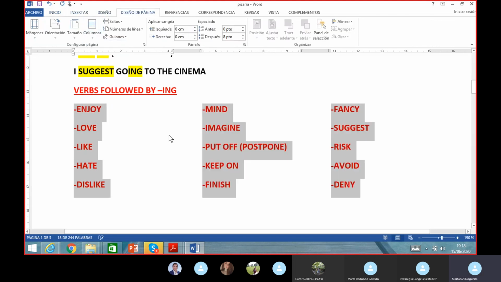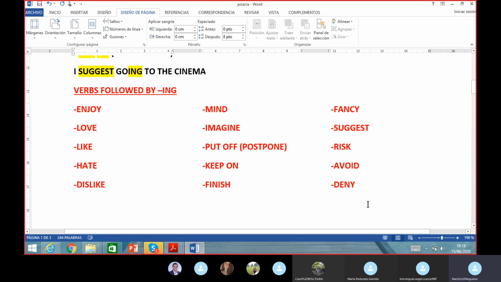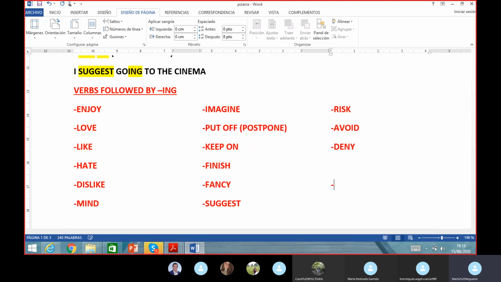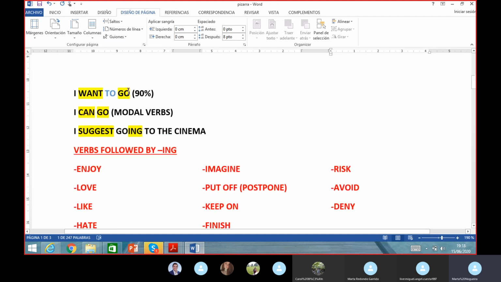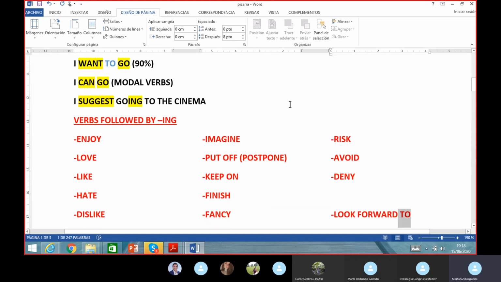Y luego, chicos, aparte de esto, veremos expresiones tras las cuales, por ejemplo, esto es un phrasal verb que salió: look forward to, que vimos en la última clase, me parece. Aquí tengo un to. Chicos, ¿qué va después de to? Normalmente una forma base, es decir, va el verbo tal cual.